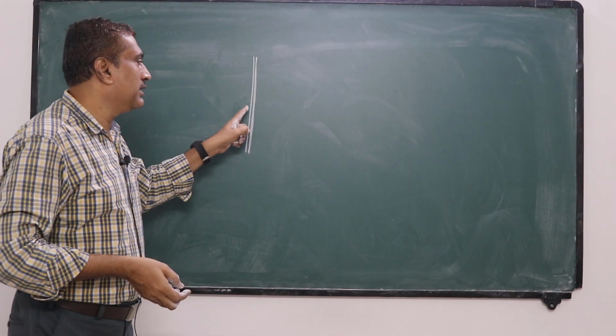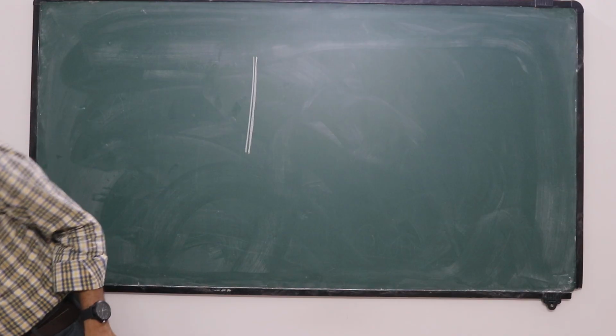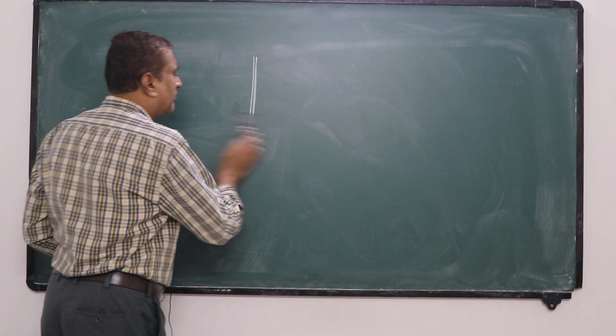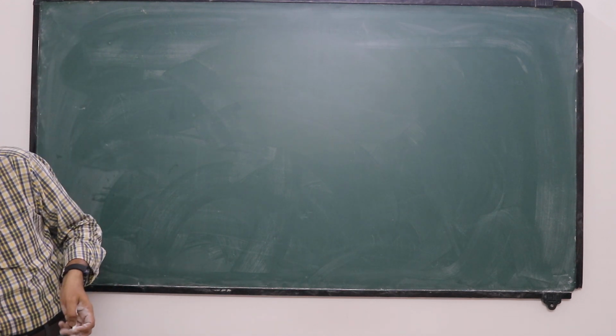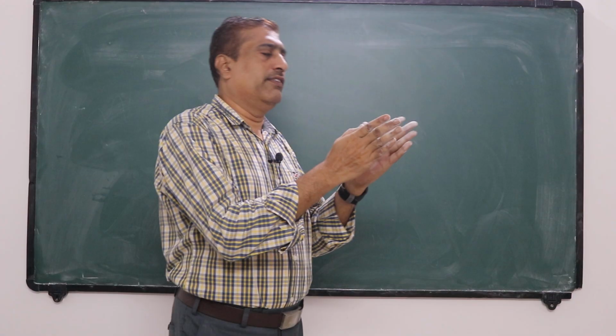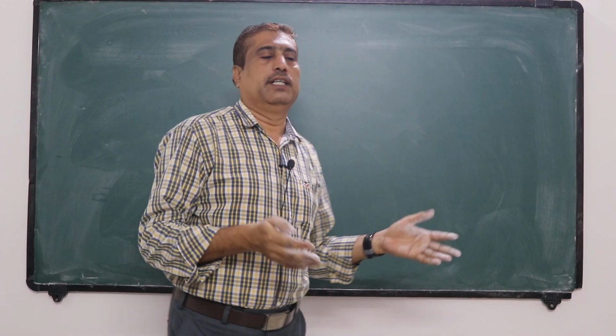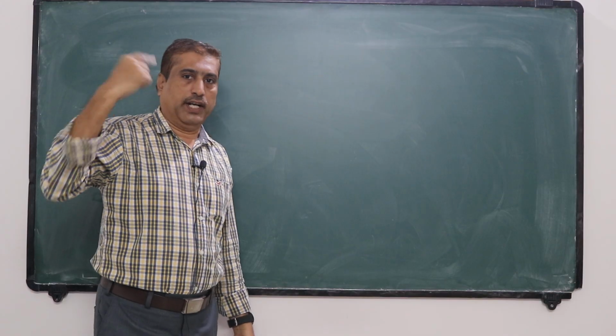Our human eye also has a limit on resolution. We can't see very close objects as separate. That means there is a limit on the resolution of our eye.